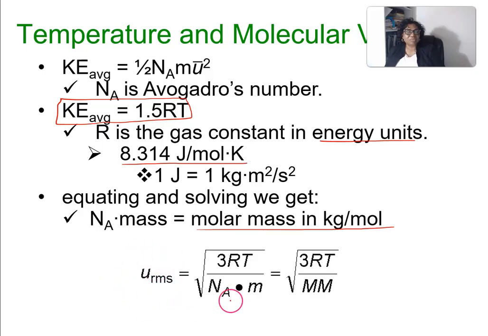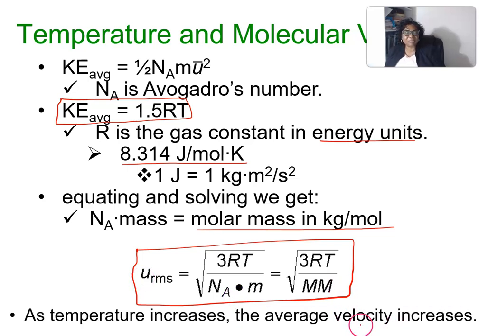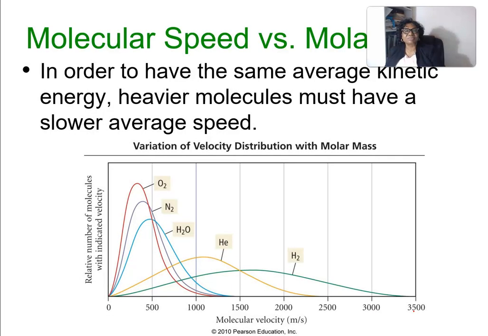So the root mean square velocity, we can write the equation this way. This is the molar mass, this is the gas constant, this is the temperature. So as temperature increases, the average velocity increases. So molecular speed versus molar mass.